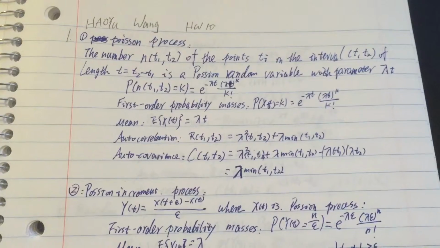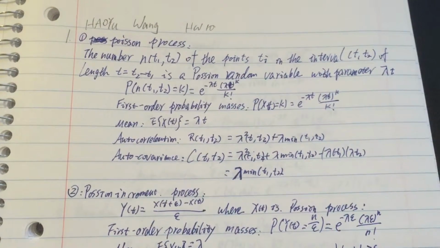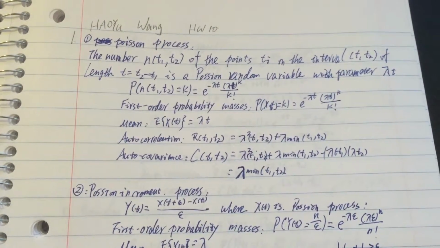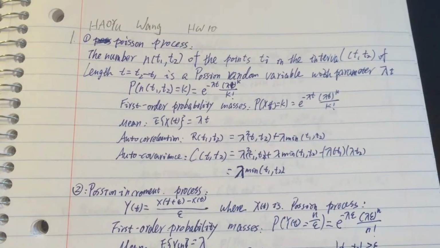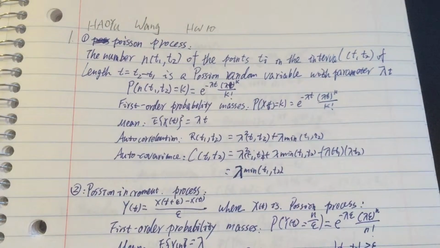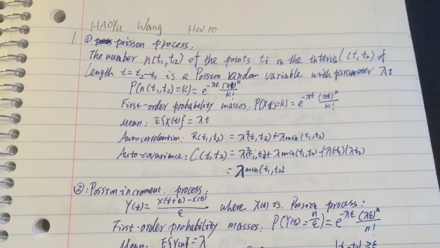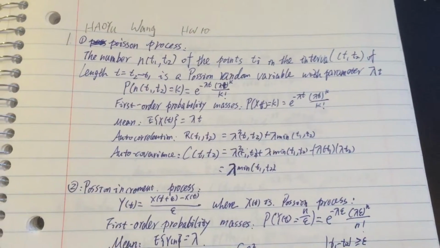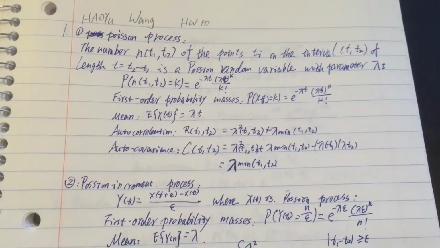The mean is E[X(t)] equal to lambda t, and the autocorrelation is R(t1, t2) equal to lambda squared t1 t2 plus lambda times the minimum of t1 and t2.